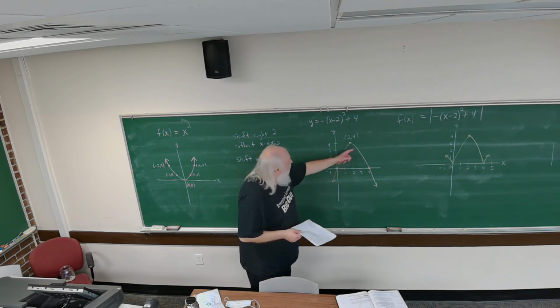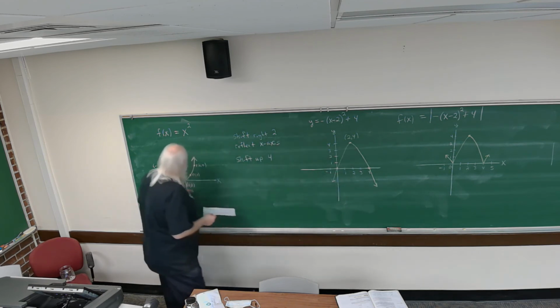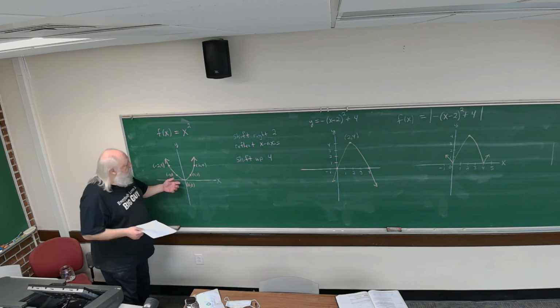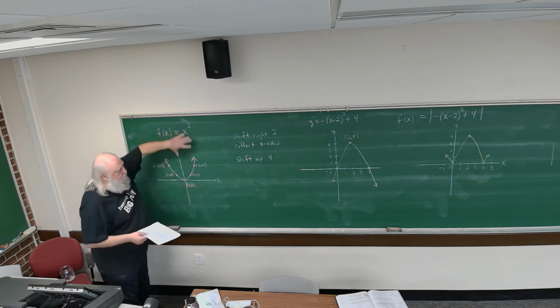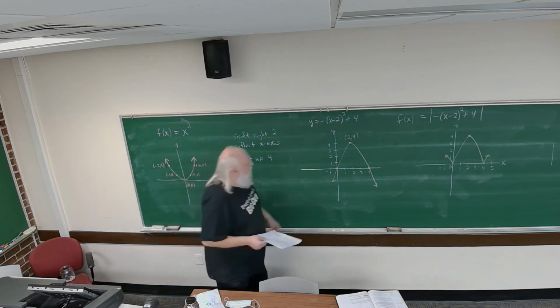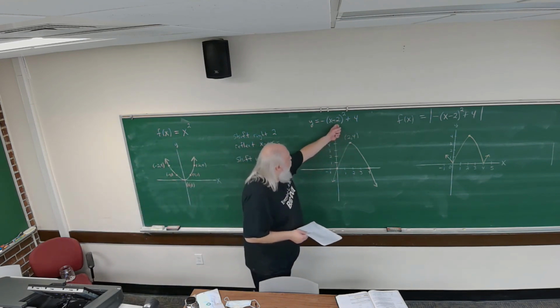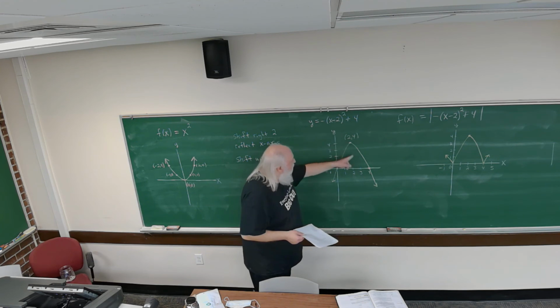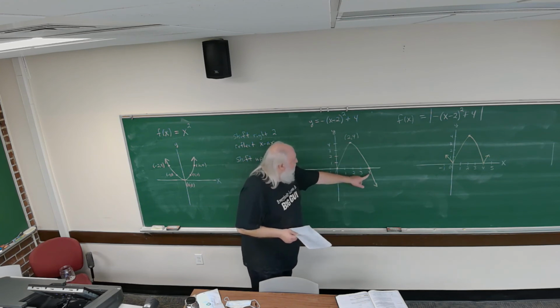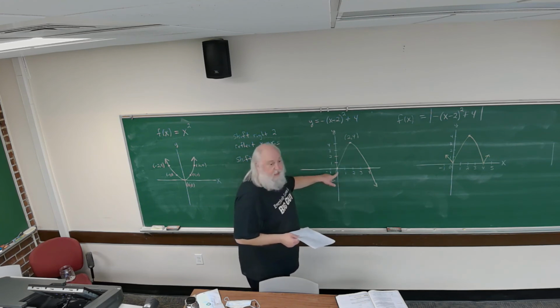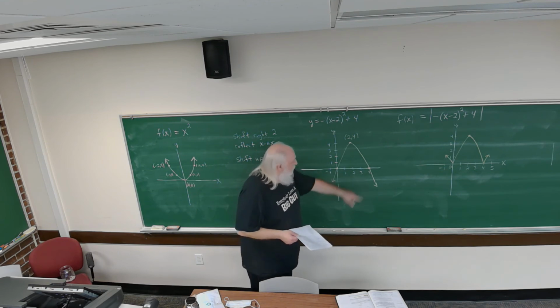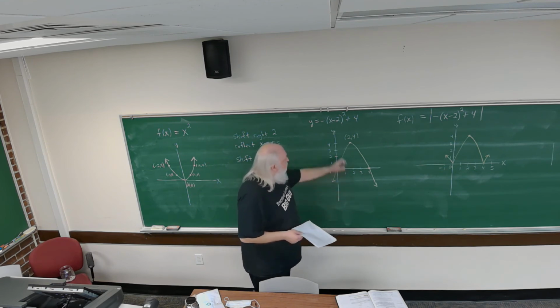And then we have to take every point here and shift it to the right 2 units, flip them over the x-axis, and then shift them up 4 units. And we see that the parabola for this equation crosses the x-axis at x equals 4 and at x equals 0. Right? x equals 0 and x equals 4 are the x-intercepts for this graph.